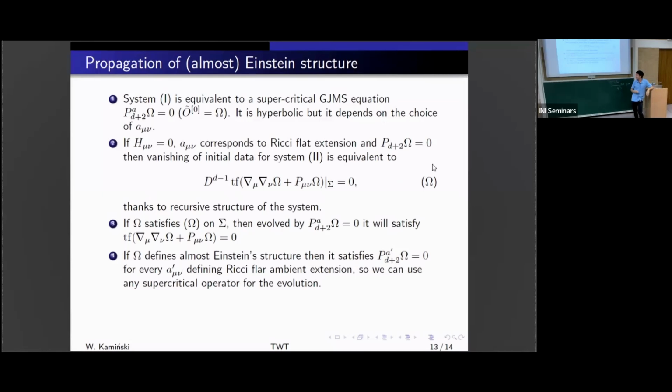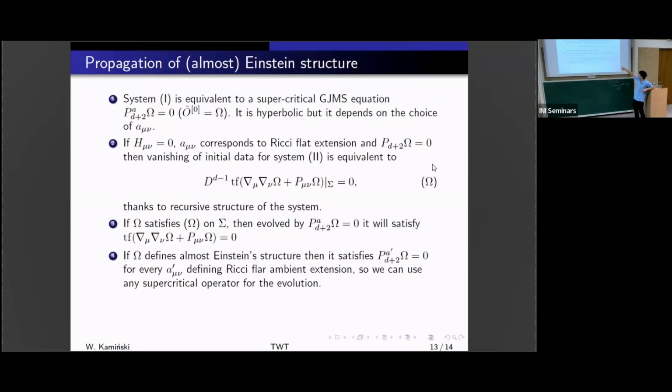We choose one and propagate, and this complicated system of many equations coming from the wave equation in the ambient space, if one recursively reduces it, gives something that is not the critical GJMS operator. The one that is well defined is supercritical. The one that is not well defined, however, we add this additional piece of data, and this allows us to define also supercritical GJMS operators, and this equation is well posed.